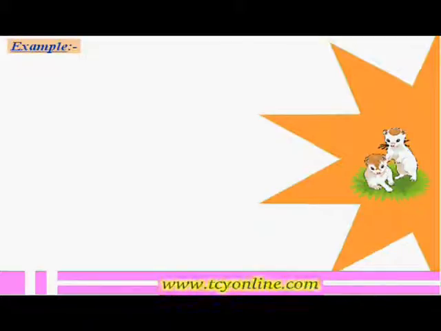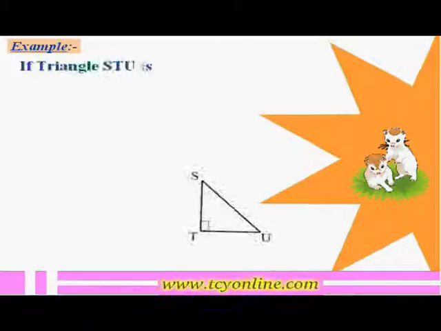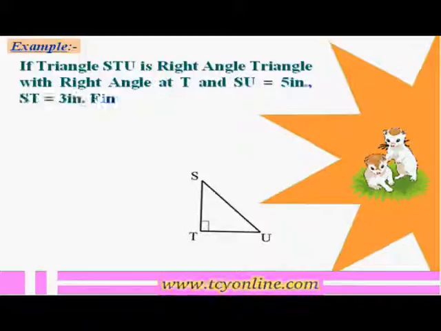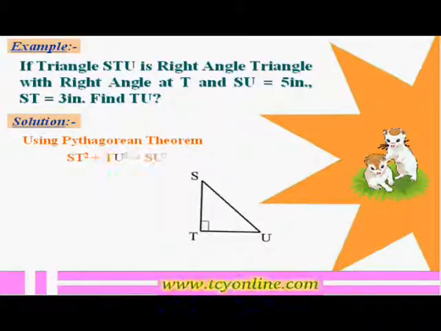For more clarity, let us take an example. We need to find the measure of side TU in right triangle STU, where SU is given to be 5 inches and ST is equal to 3 inches. As triangle STU is a right triangle, we can apply the Pythagorean theorem.